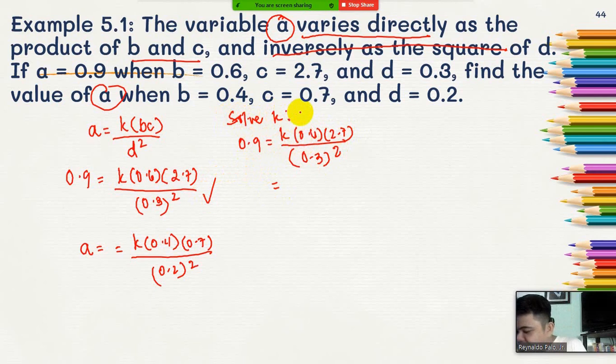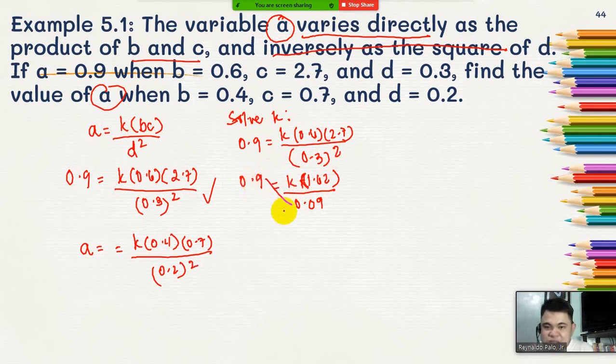So 0.6 times 2.7 is equal to 1.62. This one is k times 1.62 over 0.3 squared, which is equal to 0.09. All you need to do is to multiply 0.3 times 0.3, which equals 0.09.